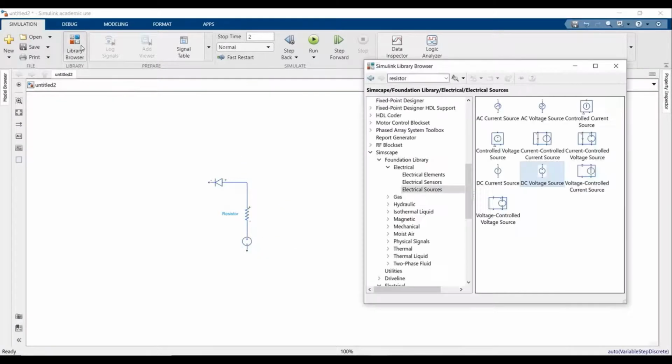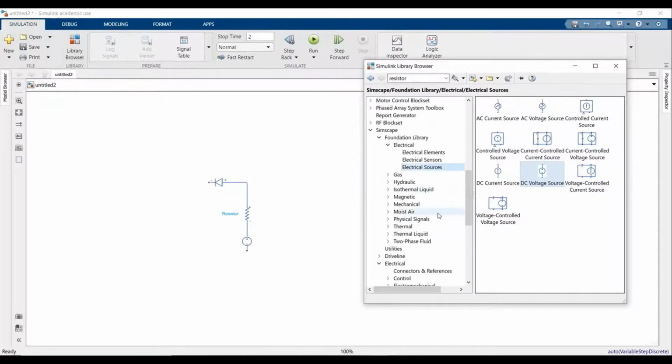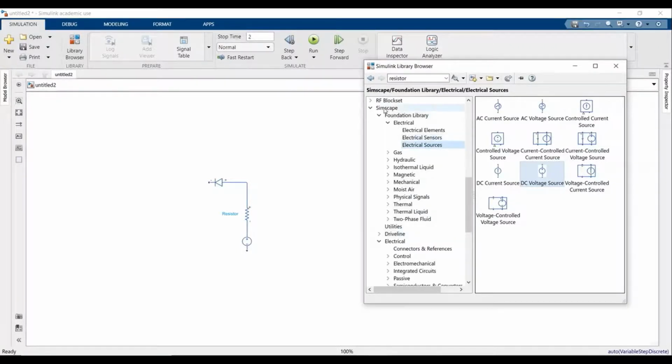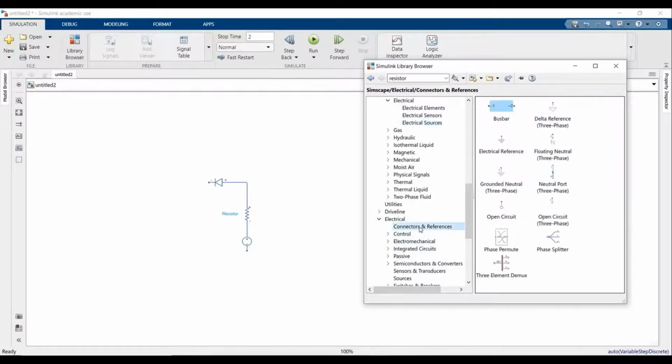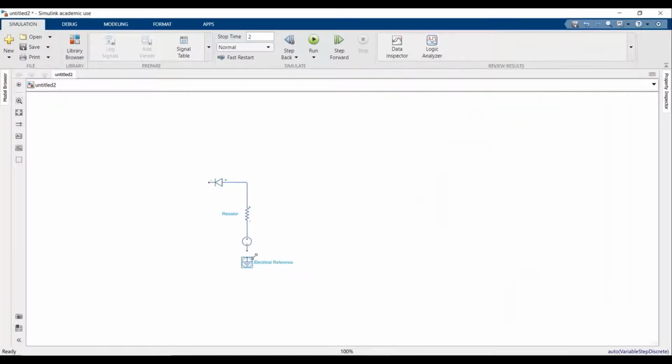And then next we need a ground reference. So we can go Simscape, electrical, connectors and reference. We can pick up an electrical reference. Okay, so that is the circuit that we have.